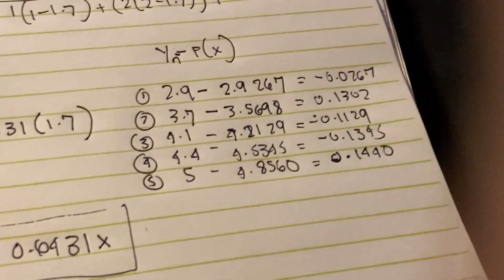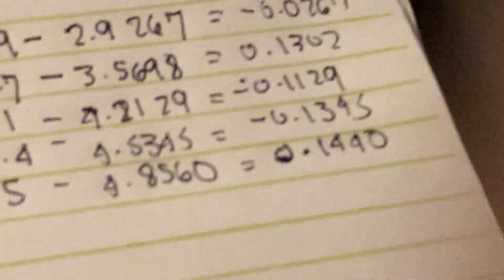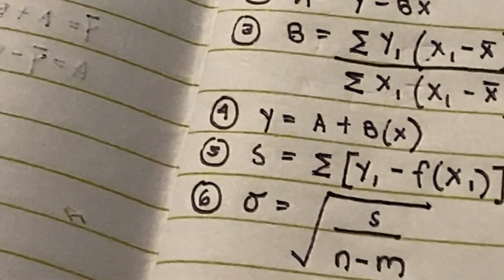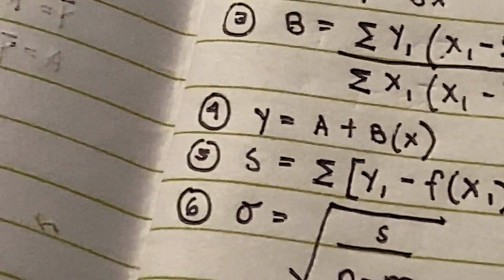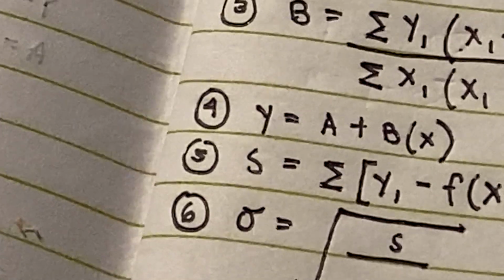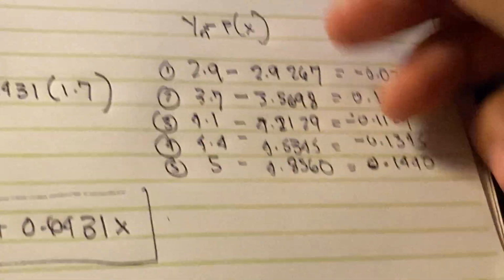Yung s, hindi siya standard deviation. Ay, variance ata tong S. Ay, ewan. Basta, solve na natin. Hindi naman siya final answer. So, squared lang natin yung mga nakuha nating answers.